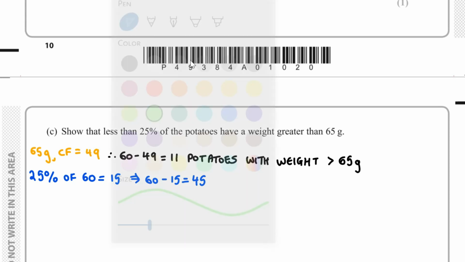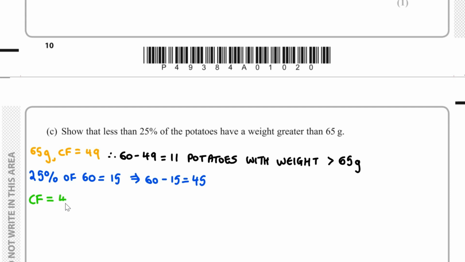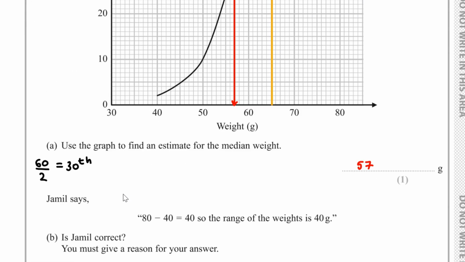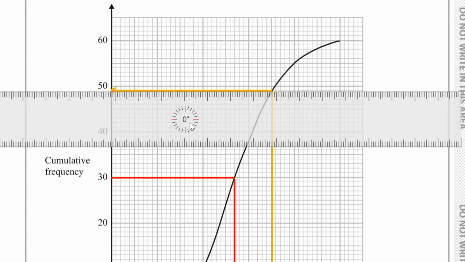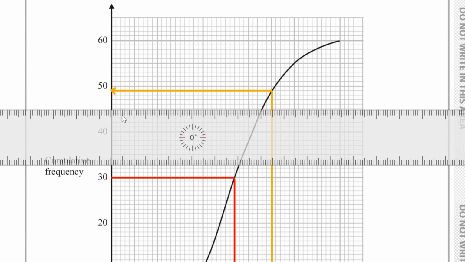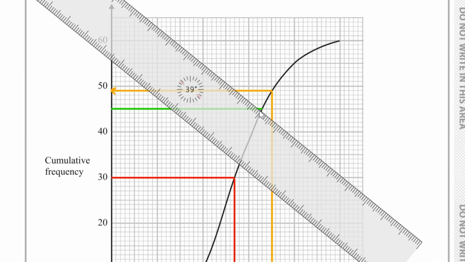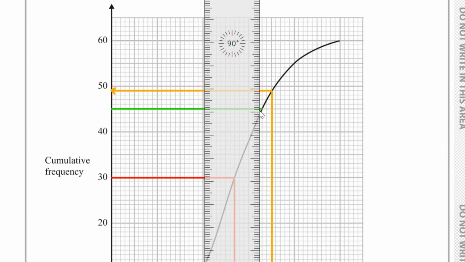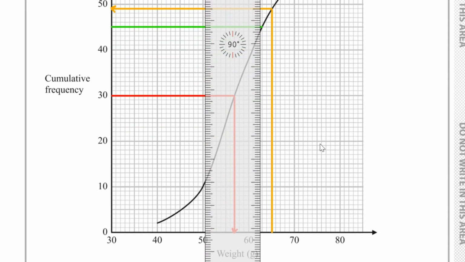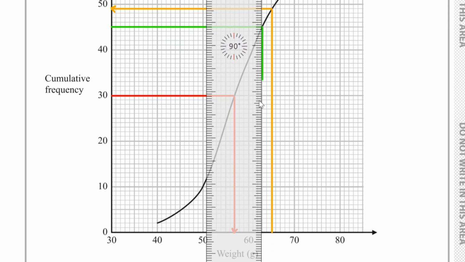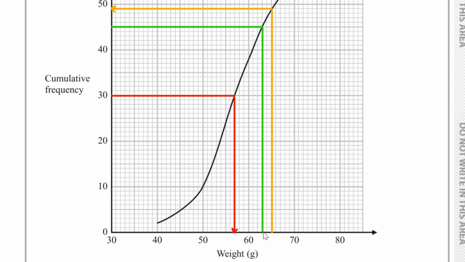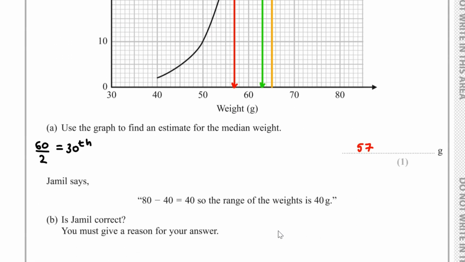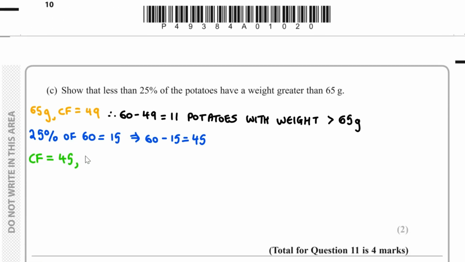So therefore, with a cumulative frequency of 45, if we go back to our diagram, we've got 45 over here, and if we draw the vertical line going downwards over here, then what you can see here is we've got 63 grams. So what does this mean?